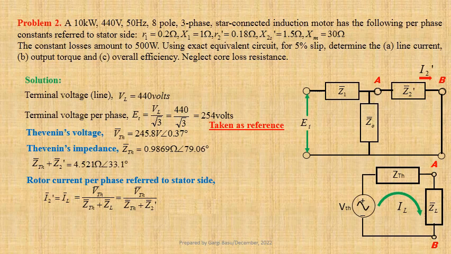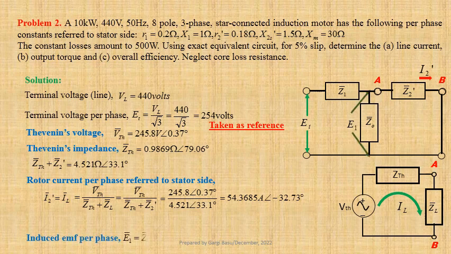Using values we get I2 dash equals 245.8 at an angle 0.37 degree divided by 4.521 at an angle 33.1 degree. That gives us 54.3685 ampere at an angle minus 32.73 degree.